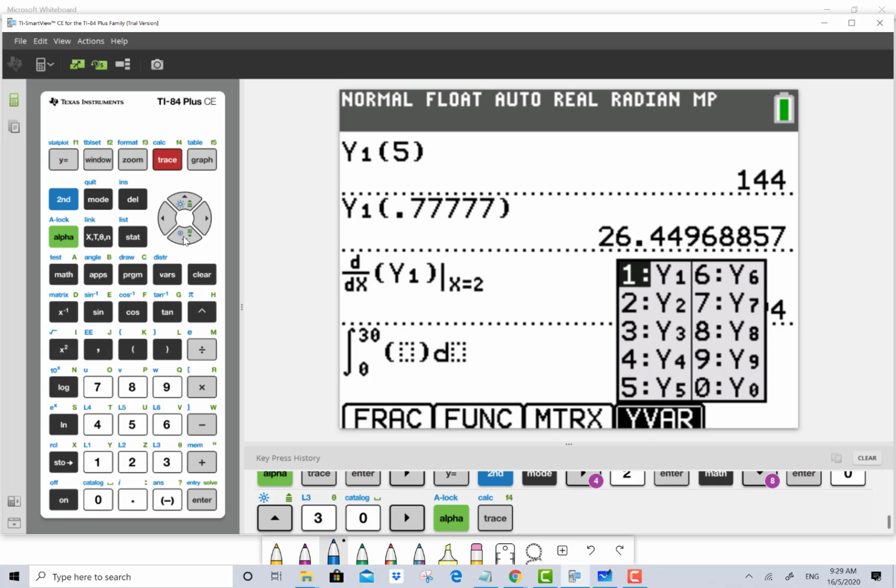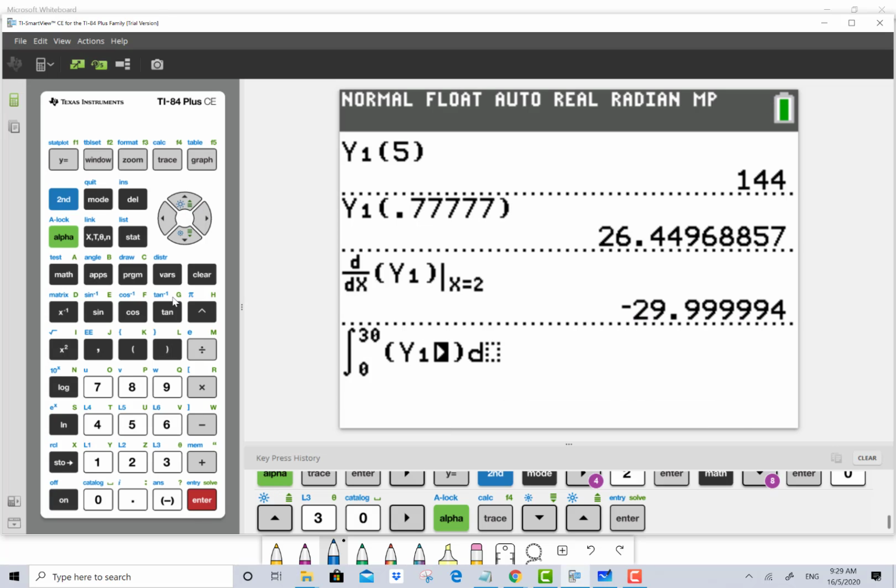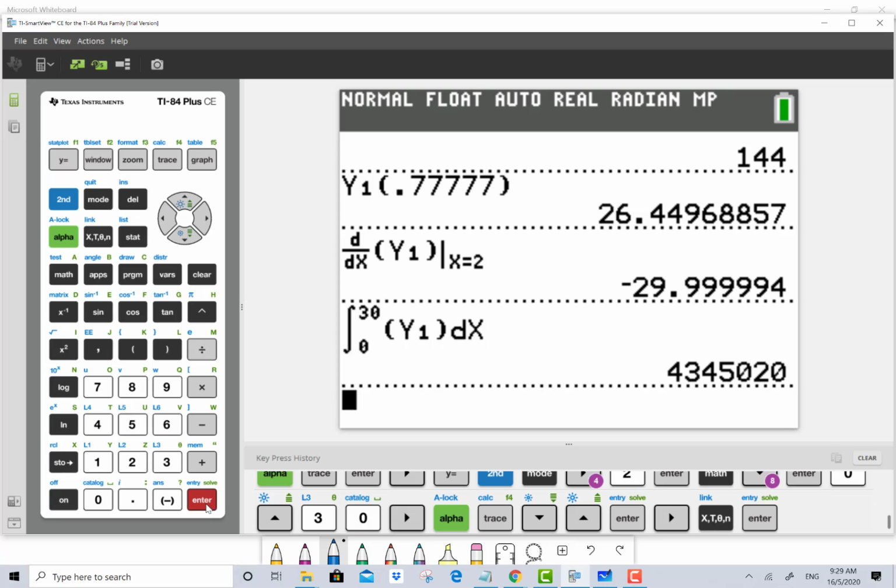So that's my y1. And notice I could have multiple functions. I could have 10 functions on the screen there to work with, and I can play around accordingly depending on how complicated your calculation becomes. So put my y1 inside there. Then I put my x, because I'm integrating with respect to x, hit enter, and that will give me the value of the integral of y1.